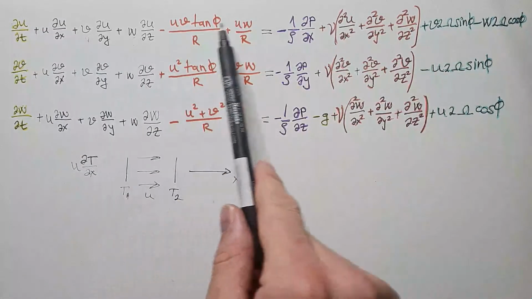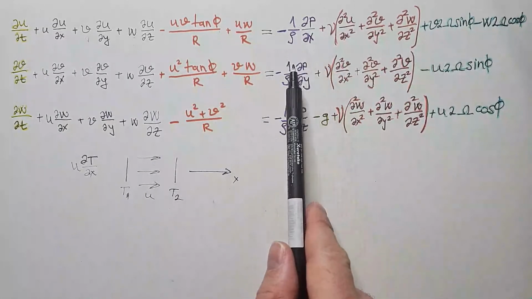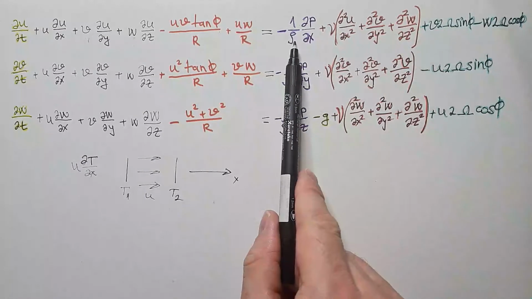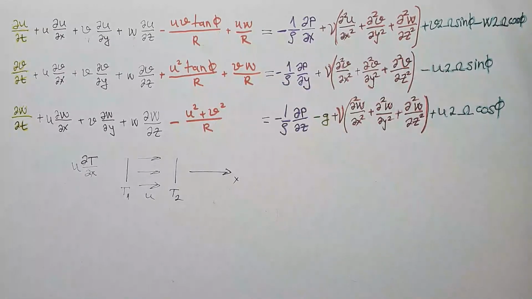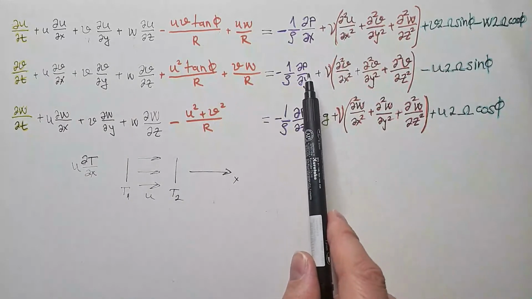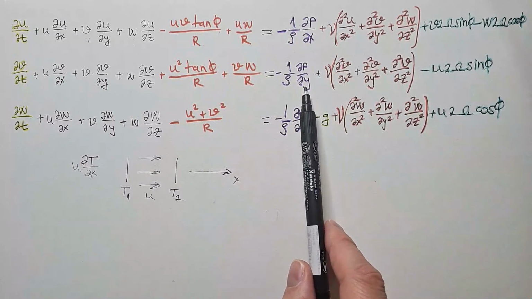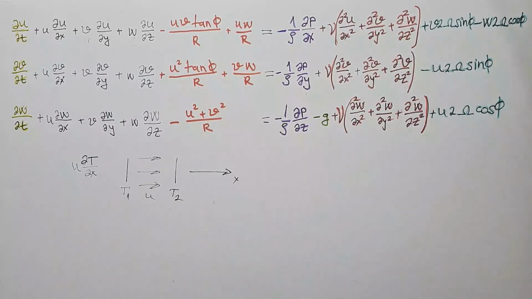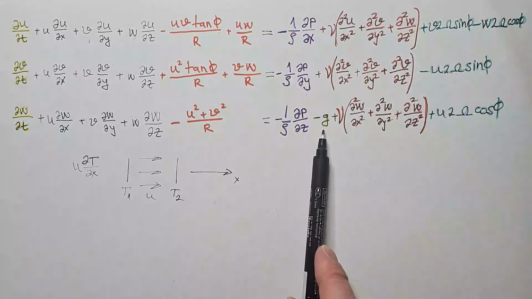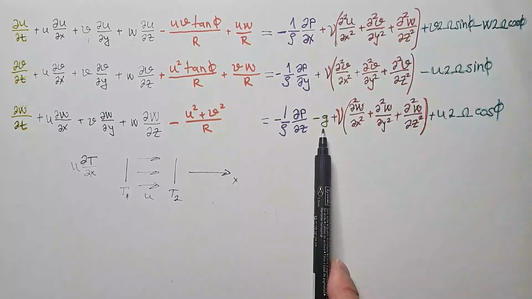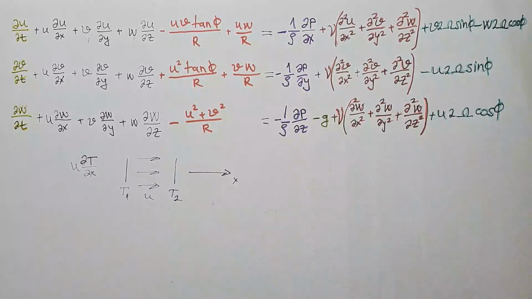So everything that happens is initiated by these terms, pressure gradient force, where ρ is density of air and P is pressure. ∂P/∂x is pressure gradient in the x direction. This would be pressure gradient in the y direction and pressure gradient in the vertical direction. g is also a simple force, that's gravity. g is gravitational acceleration, which is gravitational force per unit mass.